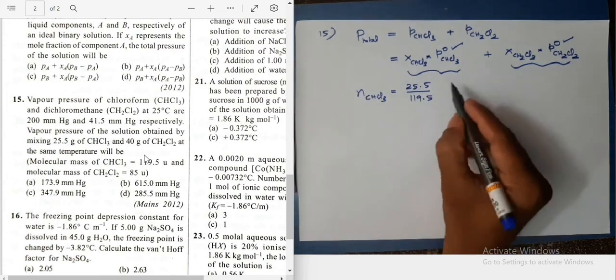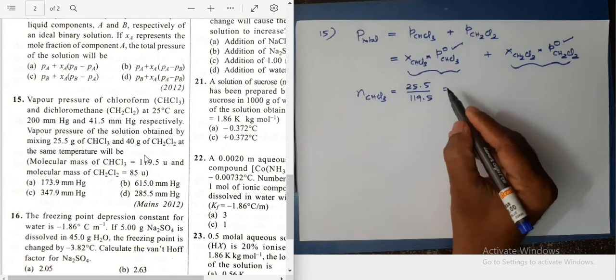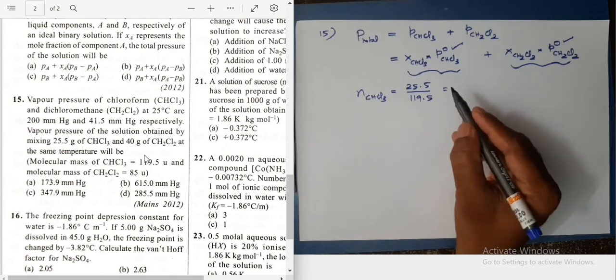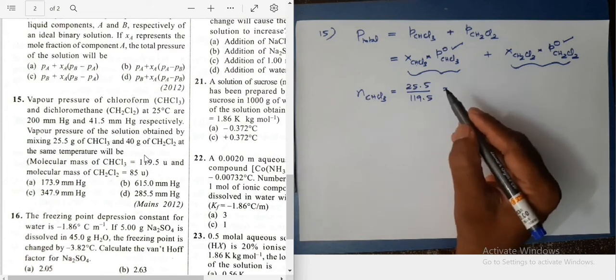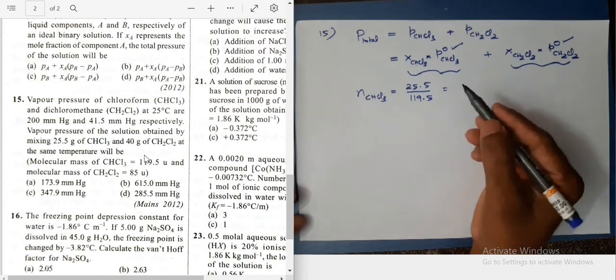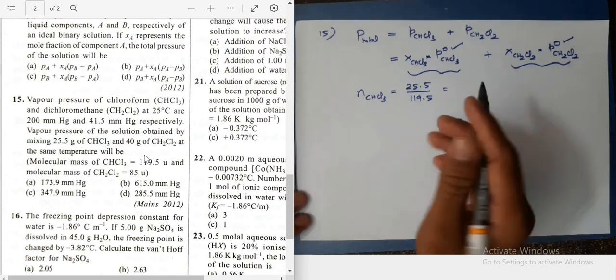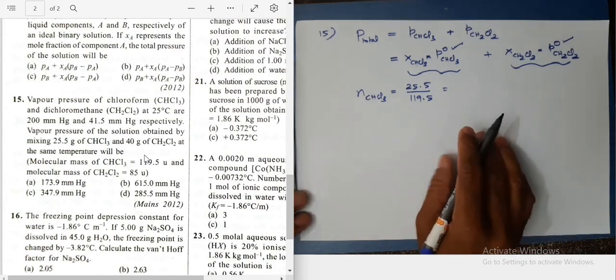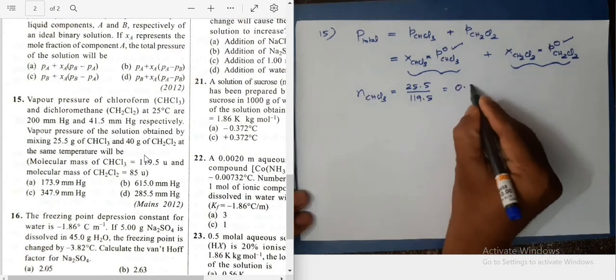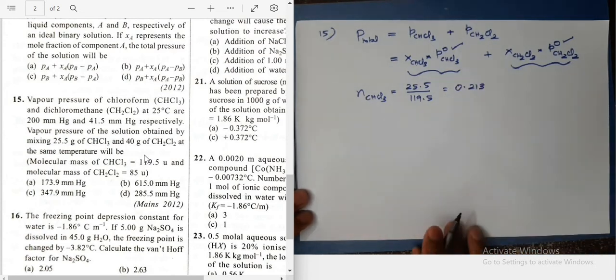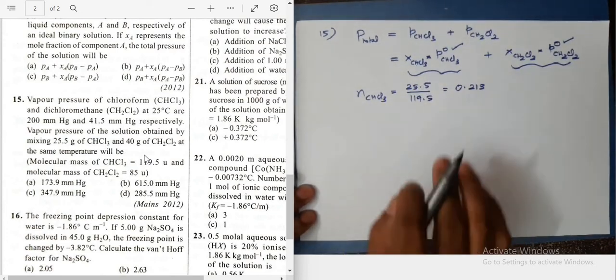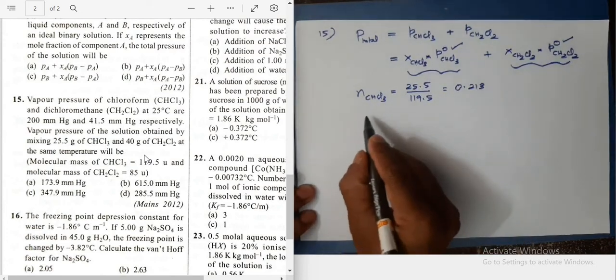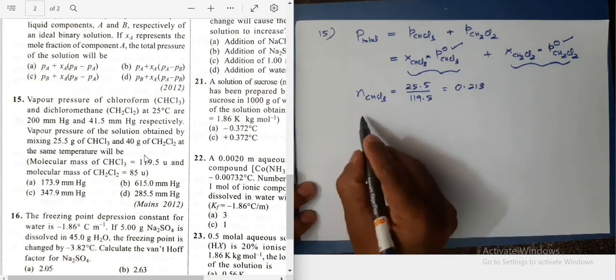If I divide these two, let me give the value directly, but you have to try and simplify this. This comes out as 0.213 moles. In the examination you have to find this by making some mathematical manipulations.